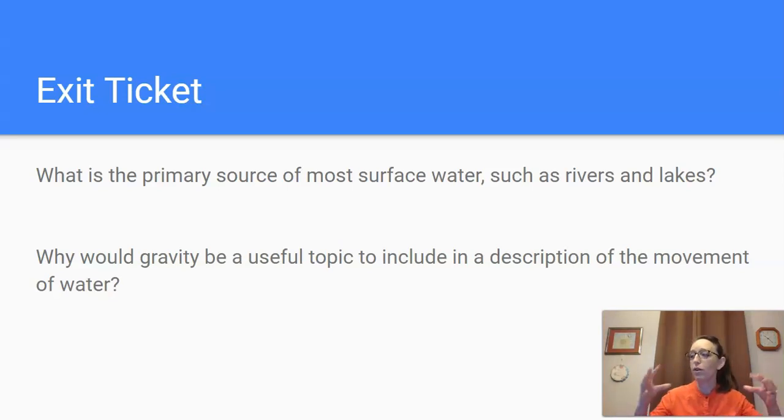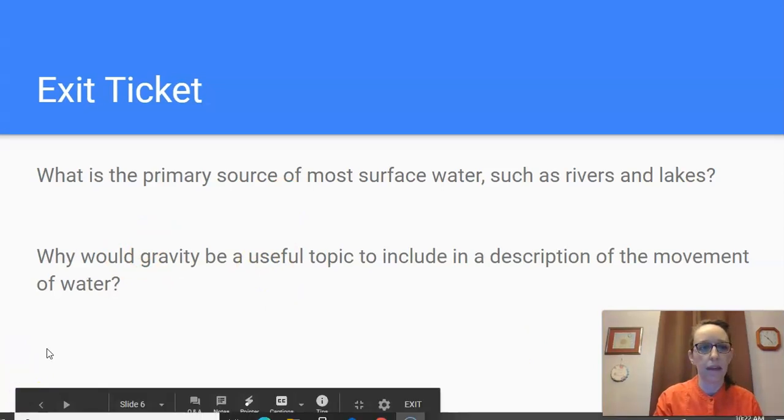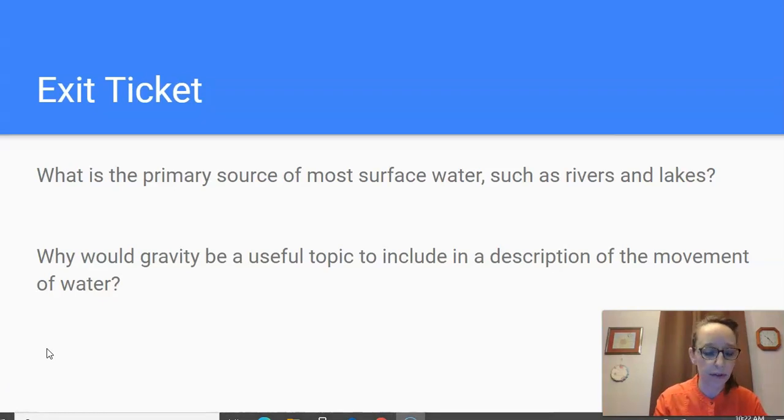So water flows downhill, and it flows downhill due to gravity. All right, very good. So make sure that you are studying your map and you're able to describe it and explain it and create your own. And remember this information for when we start talking about watersheds. So we're going to be able to apply this to our watershed lesson.